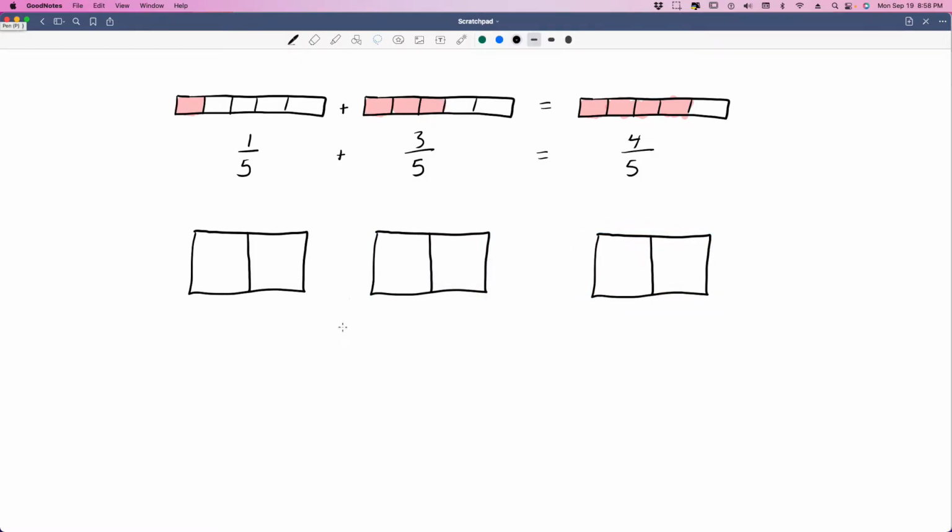So let's say that I have 1 out of 2, right? I have 1 out of 2. And over here, I have 1 out of 4.